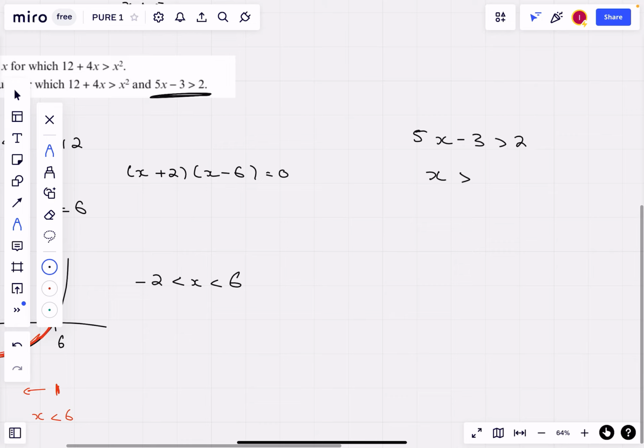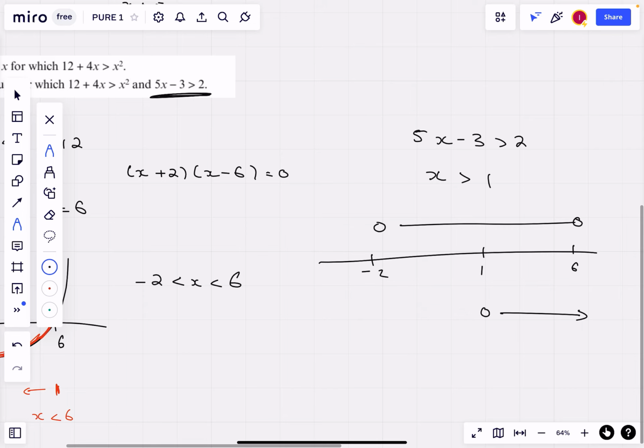So x is greater than 1. Cool? If we were to draw a number line, we've got minus 2, we've got 1, we've got 6. So we're going to have everything greater than 1, and then everything between minus 2 and 6.